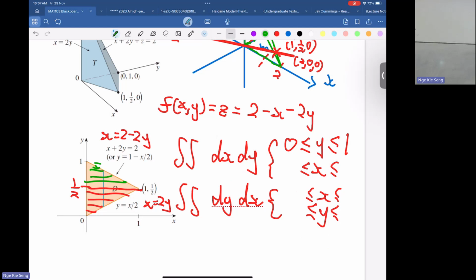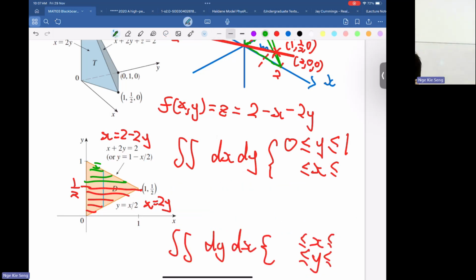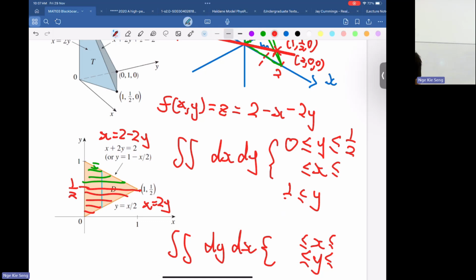So actually there are two parts. Let's write it up. We split y into two parts: one is 0 to 1 over 2, and the other is 1 over 2 to 1. For one part, x goes from 0 to 2y.